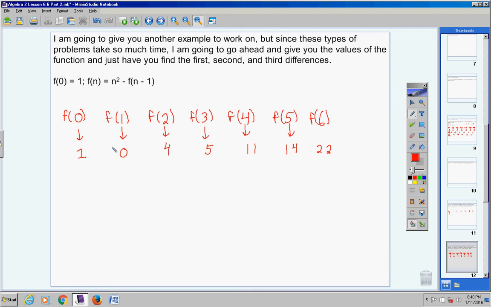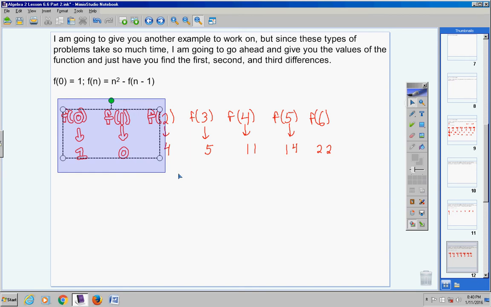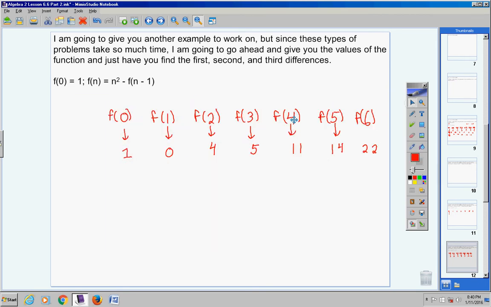Alright, let's go ahead and find the first, second, and third differences, okay? So let's move this over just a little bit, so I've got some room to write over here. And here we go. These are my values. And here's my first differences right here. Okay, I'll put some lines here. Okay, like this. Alright.